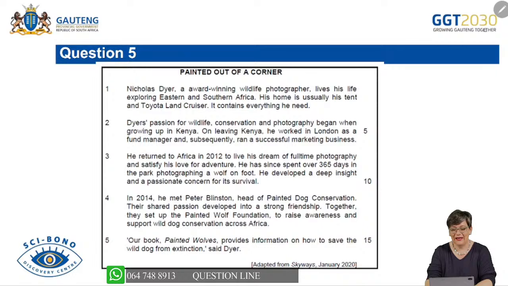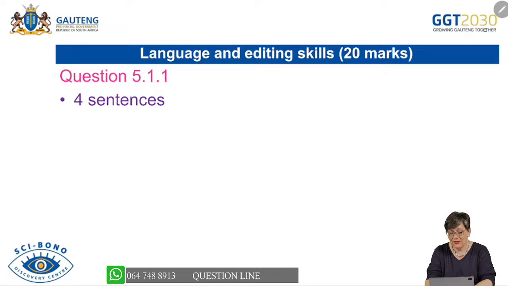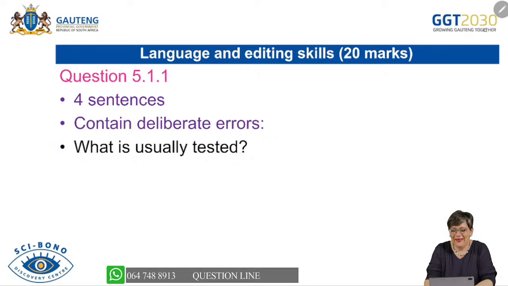Right. Now, look at your questions. Question 5.1.1 is usually three or four sentences that contain deliberate errors, and you will be required to identify those errors. But how do you know what to look for? Oh, let me tell you a secret. Here we are focusing on words that have a spelling mistake.